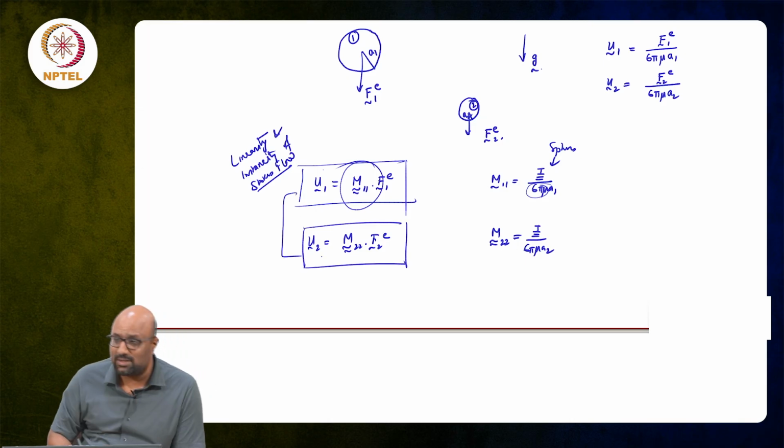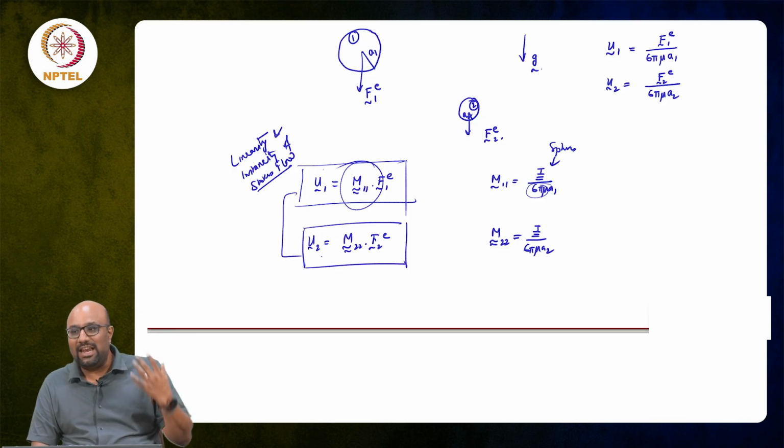These two statements are applicable for any particle. It need not be a sphere. The mobility tensors will take certain forms depending on what particle you are studying. So, the mobility tensor captures the aspect of particle shape and particle size.